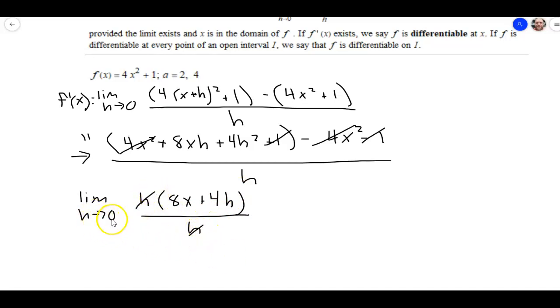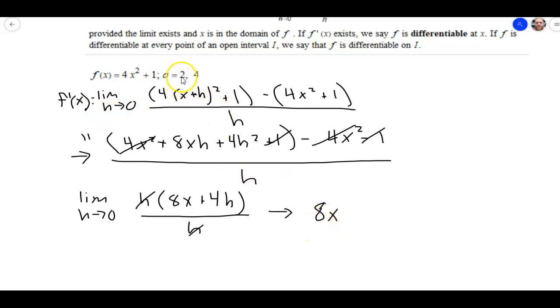Now I can stick that 0 in there for h, and my derivative is just going to be 8x. So once I apply the 0, I do not write the limit anymore, so this is just going to be equal to 8x. So the derivative of 4x squared plus 1 using the limit definition is just 8x.